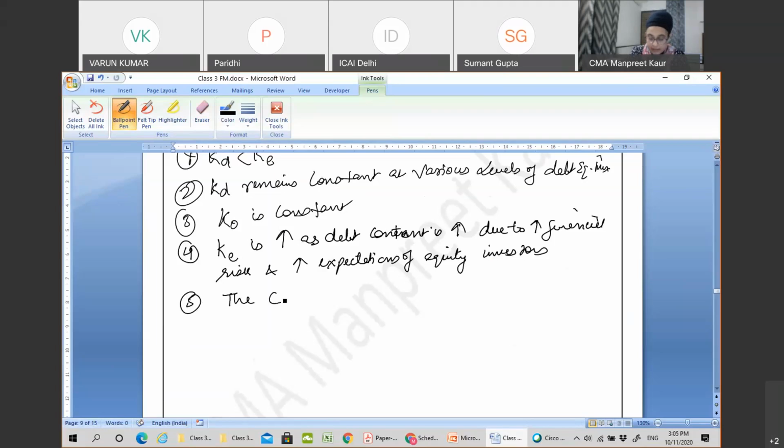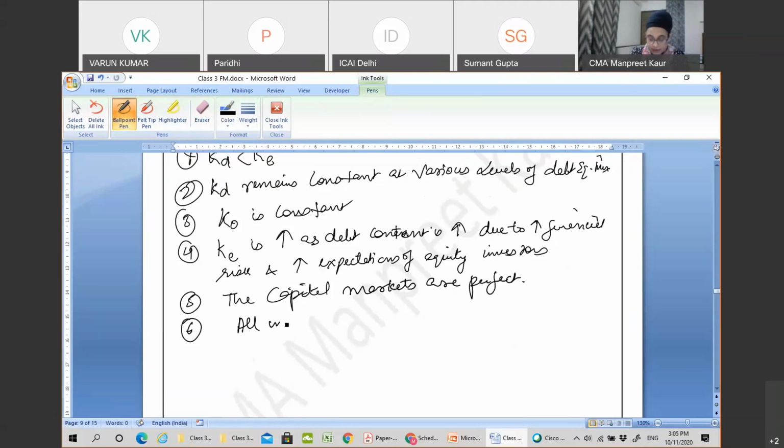The capital markets are perfect. In perfect capital markets, only this approach is applied.